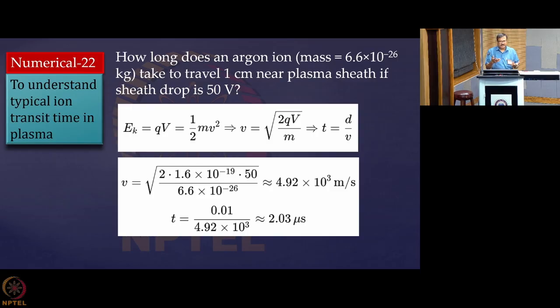The order of magnitude may vary here and there, but the order is microsecond. That is what is important, and keep that impression in your mind: an argon ion is quite heavy compared to your electron or a single proton, and it takes that much time, that is microsecond.